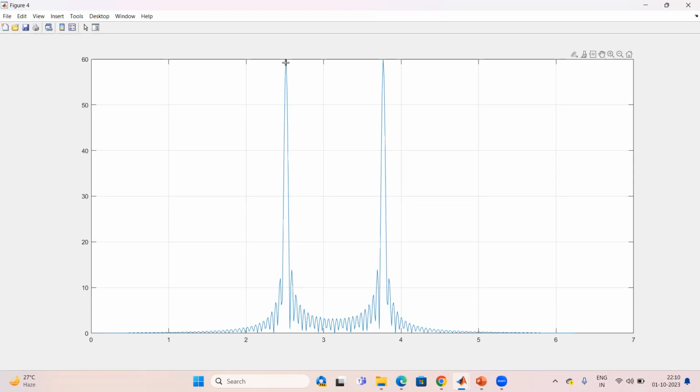One peak is at this point and another peak is at this point, at 3.76. When we construct a low pass filter, it has a non-ideal filtering operation, and there will be a certain pass band that also allows this frequency component. So this component will not be completely suppressed.